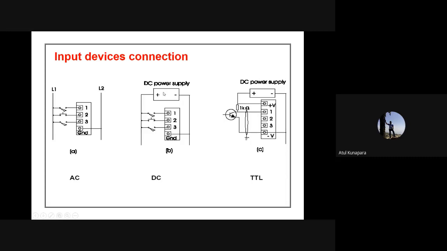Similarly in the case of DC: your negative terminal is connected to the ground of the input module, one end of the switch or push button is connected to the positive end of the supply, and the other end goes to the input pin of the input module. In the case of TTL logic connections, if you are using transistor logic type sensors, they are connected like this: the transistor gets the positive and negative supply from the module terminals, and the output pin, meaning the collector pin of the transistor, is given to the input pin of the input module.